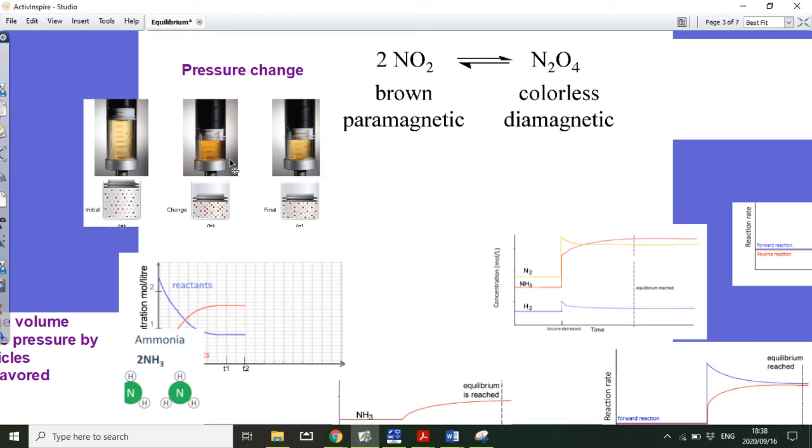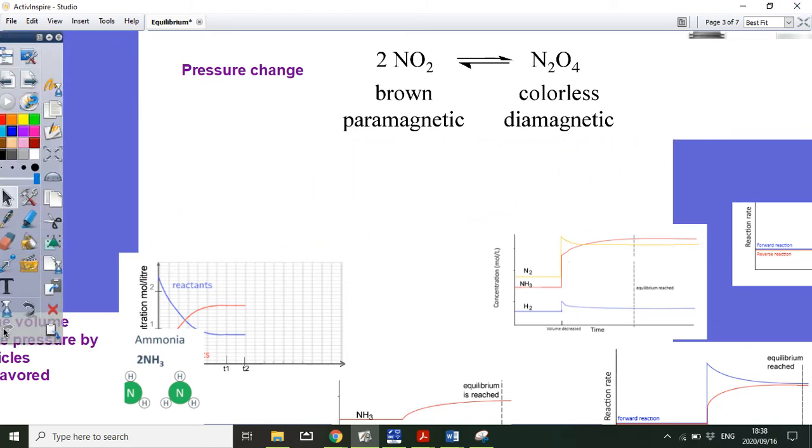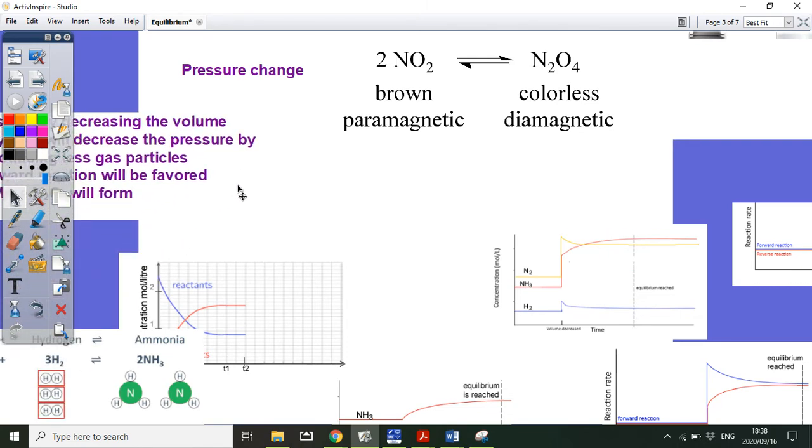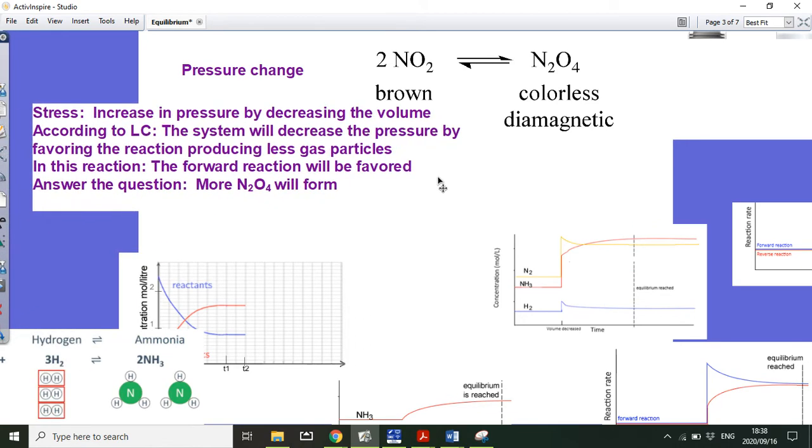Now again, the steps to answer this. So there we go. If it's an increase in pressure, the increase in pressure was caused by decreasing the volume. No reaction needed yet. According to Le Chatelier, the system will decrease the pressure by favoring the reaction producing less particles, like we just said.